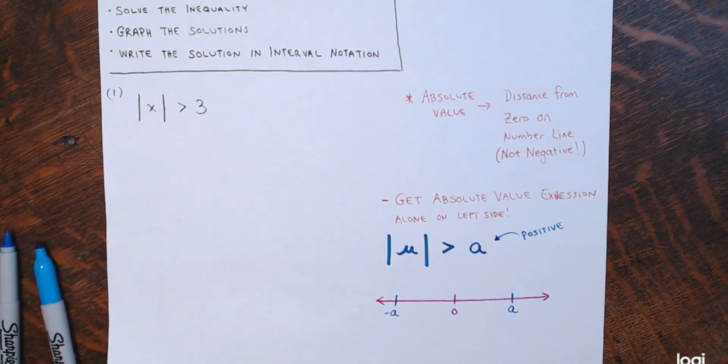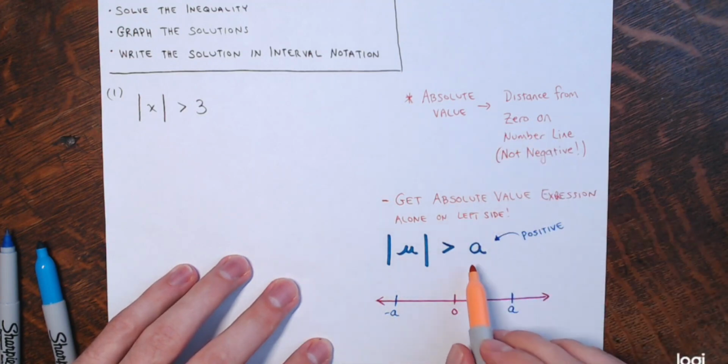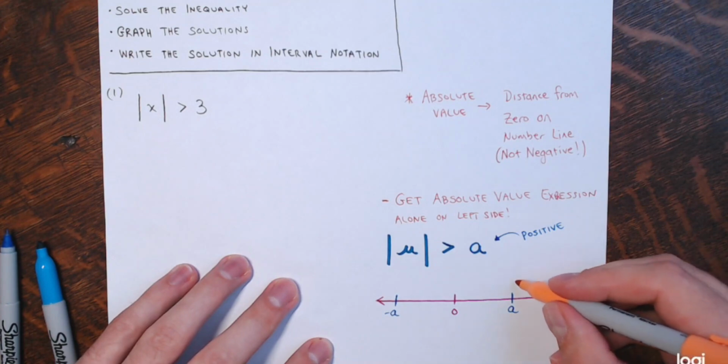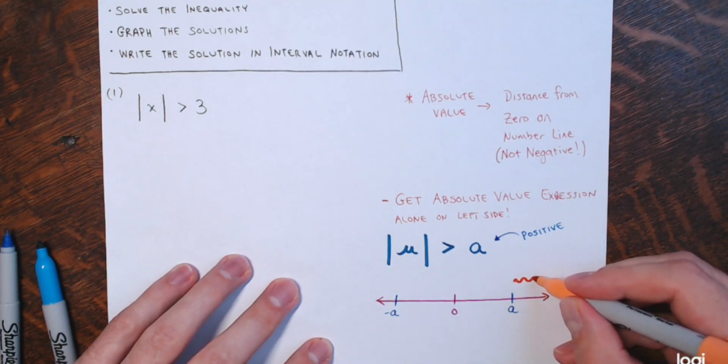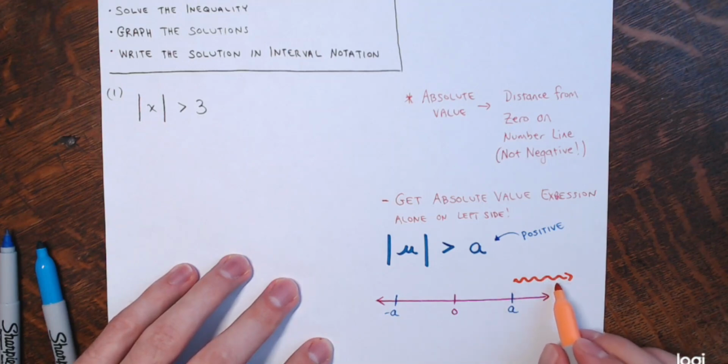So when we're talking about what numbers this U could represent, we're looking for numbers that have an absolute value bigger than A, that's farther than A units from 0. So all these numbers over here, to the right of A, are farther than A units from 0.